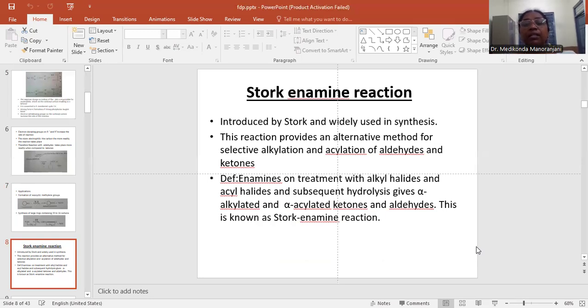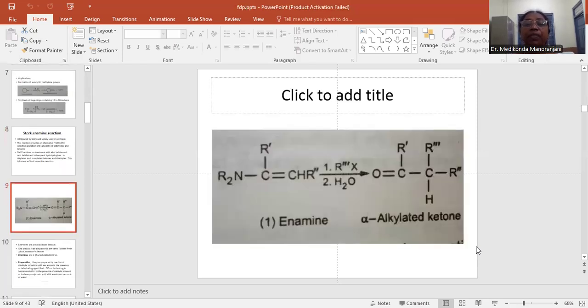Now let us see the definition of the Stork enamine reaction. Enamines on treatment with alkyl halides and acyl halides and subsequent hydrolysis give alpha alkylated and alpha acylated ketones and aldehydes. This is known as the Stork enamine reaction.